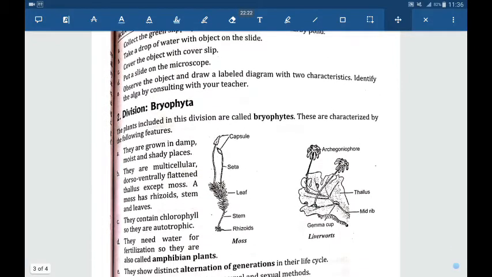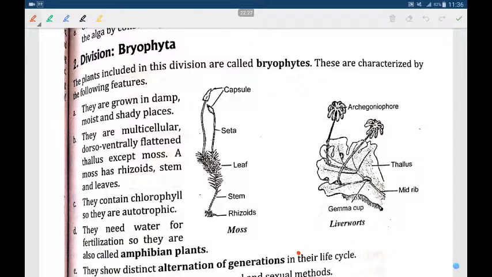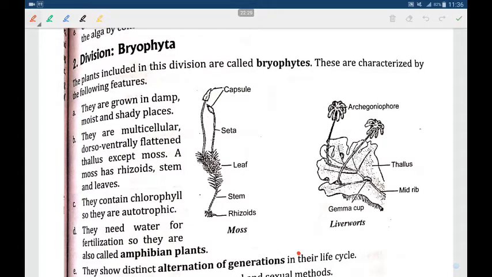Next division. What is the division? Bryophyta. Dear students, look here. Two examples are given: liverworts and moss. These are the plants which belong to the division Bryophyta.